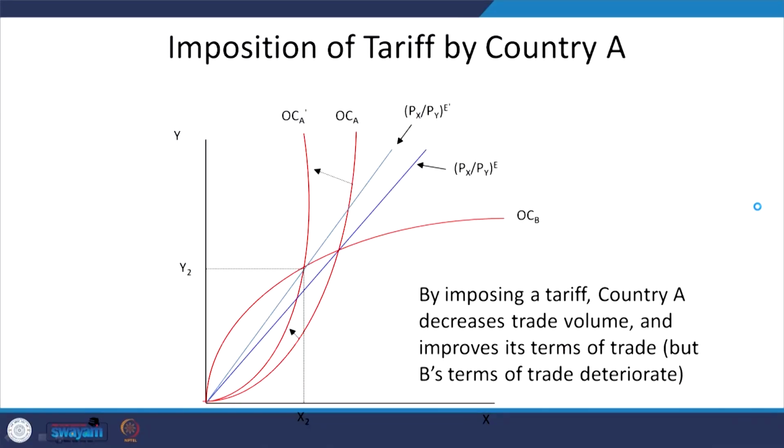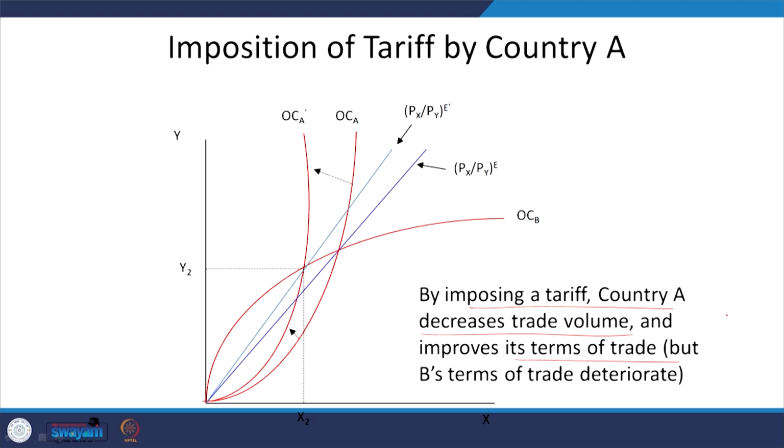Now, let us examine a bit; we will talk about all these details in the next class, but let us see why there is a shift. One of the reasons is tariff. By imposing a tariff on imports, country A decreases trade volume and improves its terms of trade.